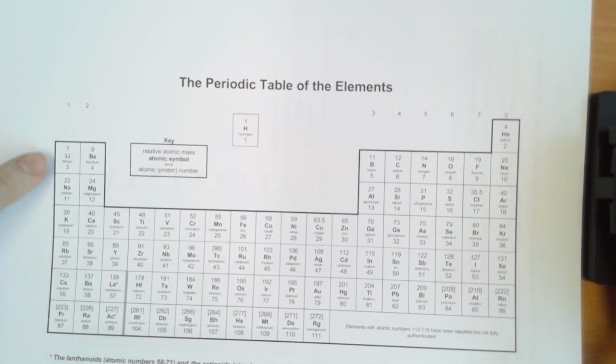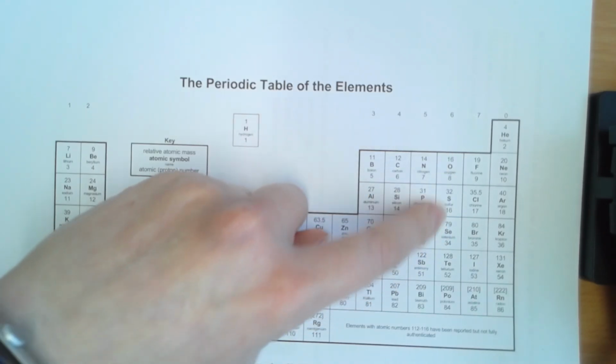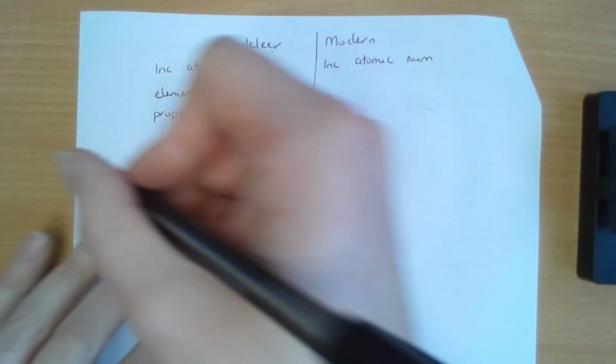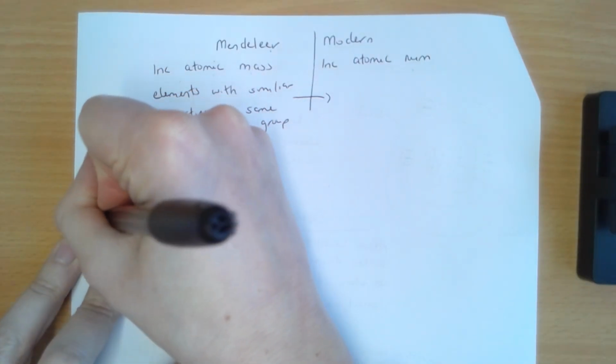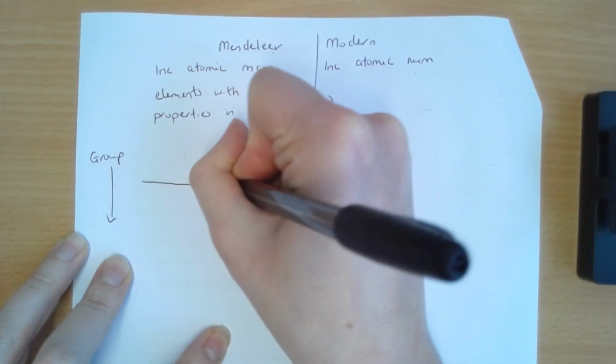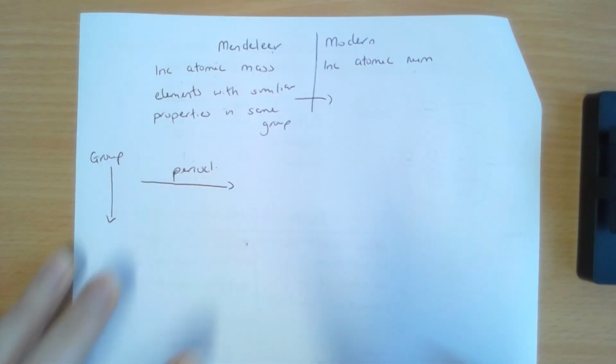So all of these elements here, lithium, sodium, potassium, they've got stuff in common, so they're in the same group. These elements here, oxygen, sulfur, selenium, they've got something in common, so they're in the same group. That's the other thing we need to know: in the periodic table, when you're going down, that's called a group, and when we're talking about those rows going across, that is what we call a period.